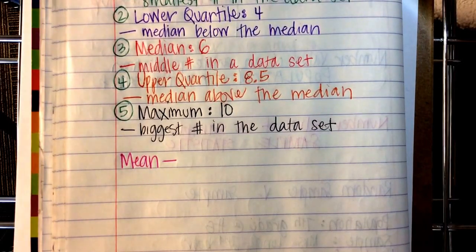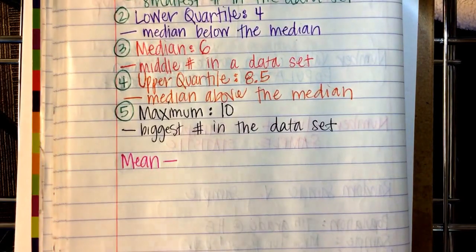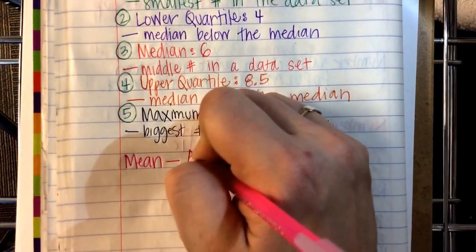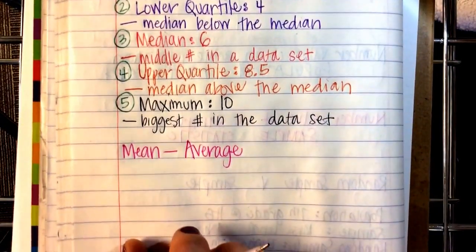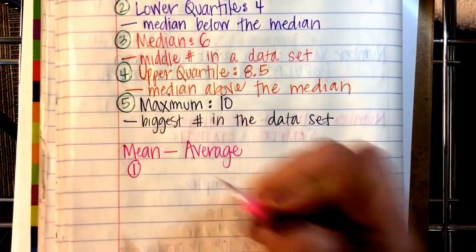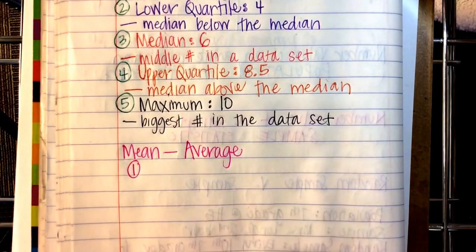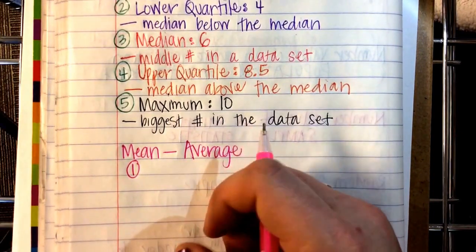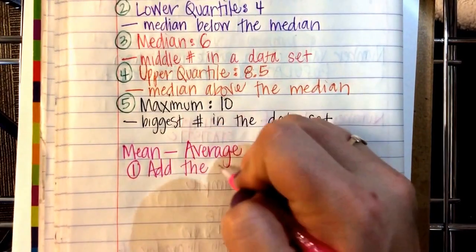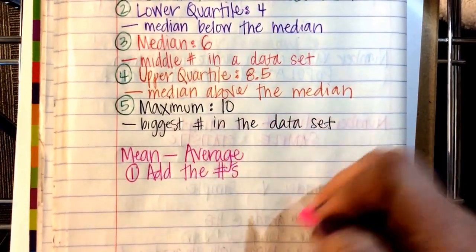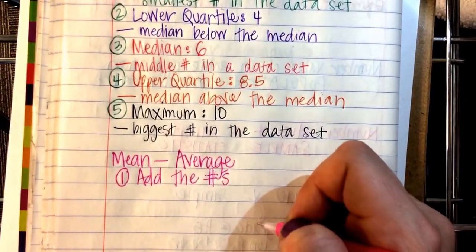How do you find the mean? What is the mean? What's another word commonly used, Tyson? The average. And again, just to remind ourselves, Camilla, can you tell me the steps for finding the average or the mean? Add all of the numbers and get the sum.